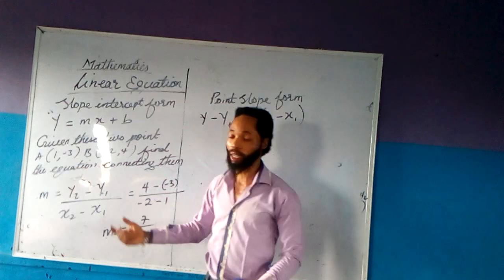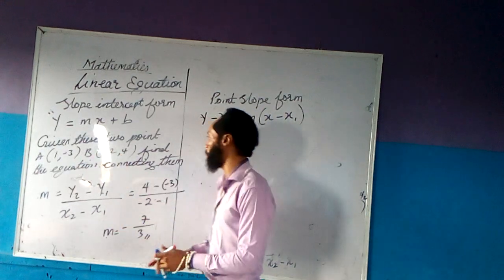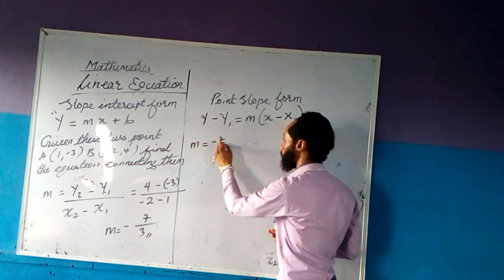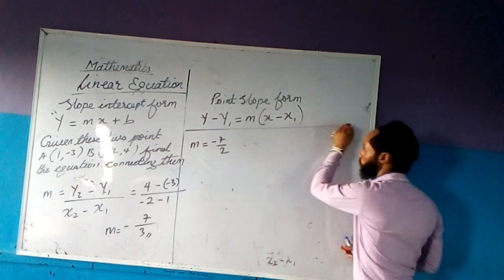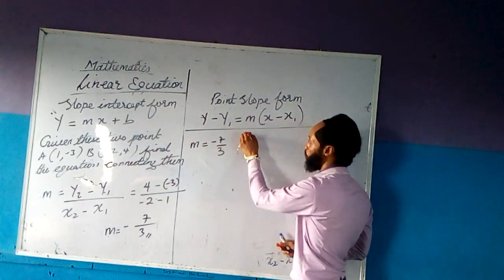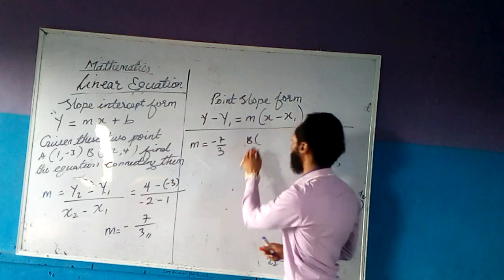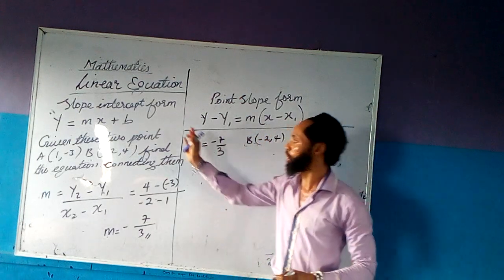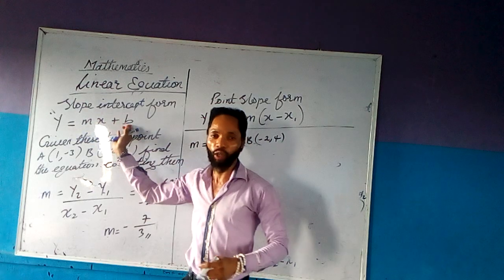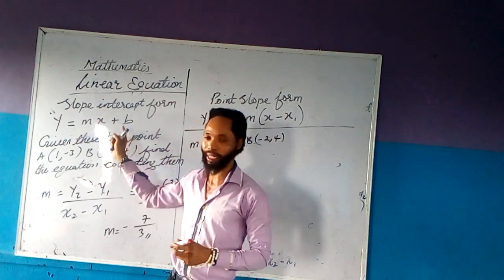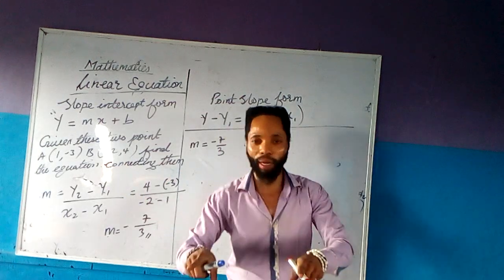B, okay, we're using B. Our slope is negative 7 over 3, and our point B is negative 2 comma 4. If you use this expression, you will get your y-intercept. Once you get your y-intercept, you put it back in the equation.